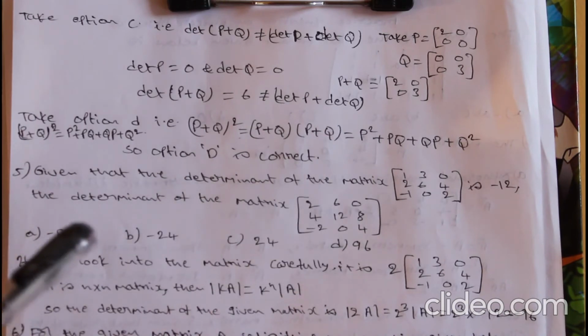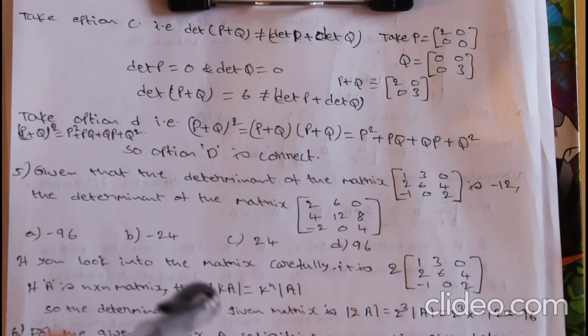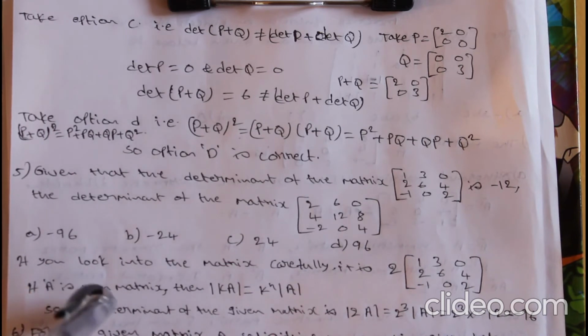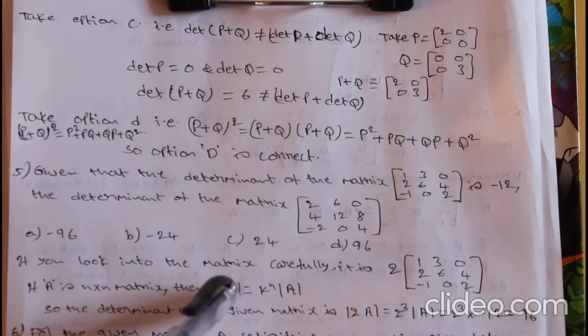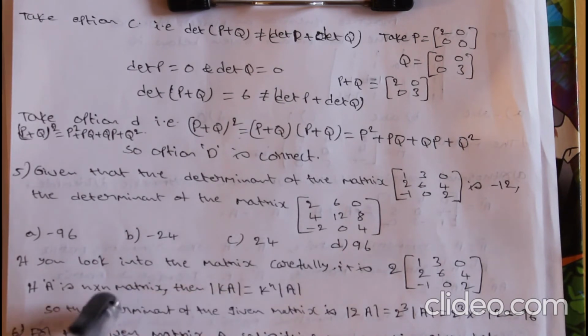Now I will tell you one important property. Remember that, and you can calculate directly from that. If A is an n by n matrix, then the modulus of kA is equal to k power n into the determinant of the matrix A. That means n is nothing but this order.